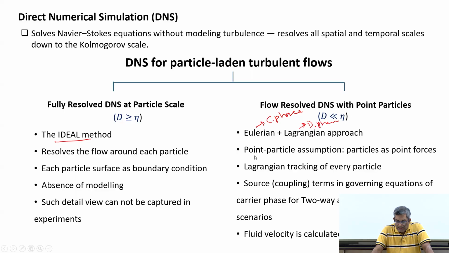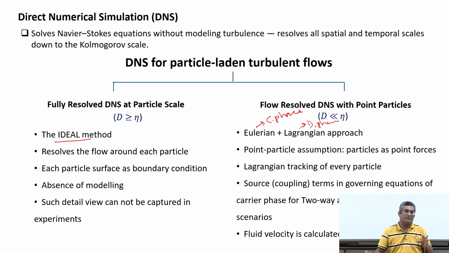Here we adopt the point particle assumption, where particles are treated as point forces, and we do Lagrangian tracking of individual particles. But here we have to have the coupling terms, or source terms due to the particles, in the governing equations for the carrier phase for two-way or four-way coupling scenarios. We can also consider two-way coupling, that is, the particles influence the carrier phase.